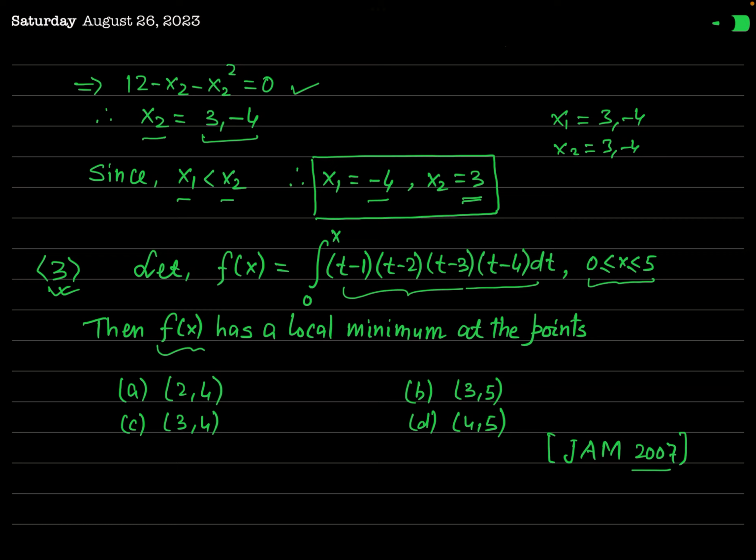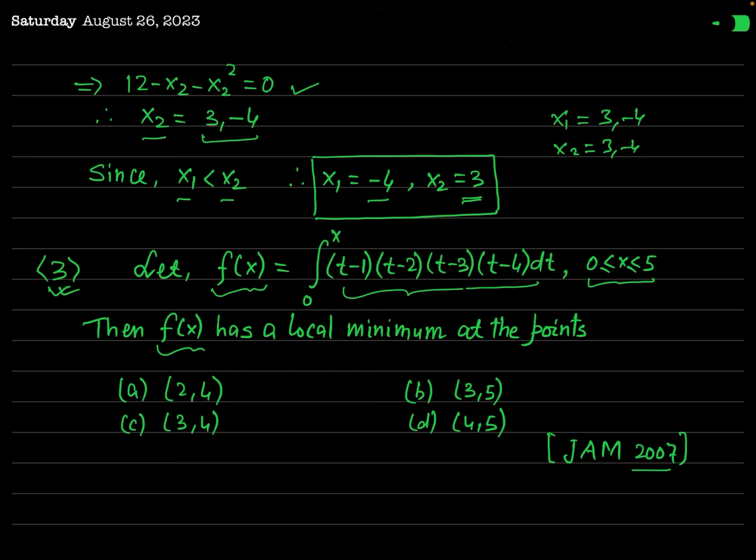It means you have to find the point where this function f of x will have a local minimum. Again, a function is given and we have to find the point where this function has a local minimum value.